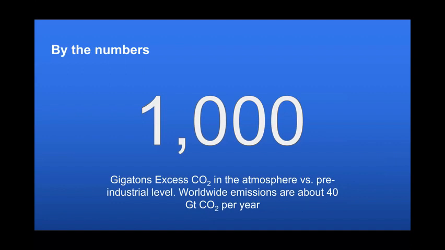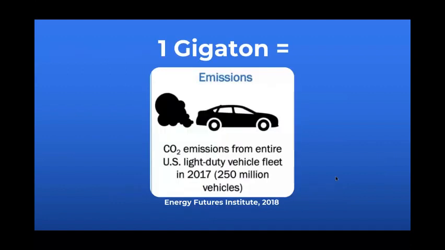And to put a gigaton in perspective, a gigaton is a billion tons. You can do it in metric tons, which are a little bigger than English tons, but it's not that different. So you can just think of it as a billion tons.